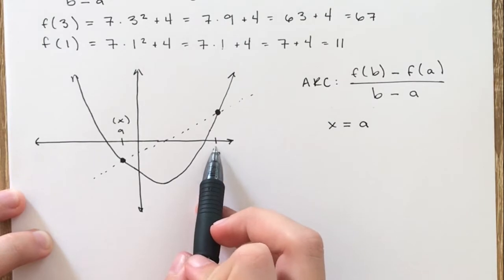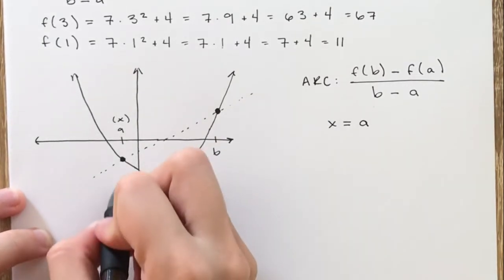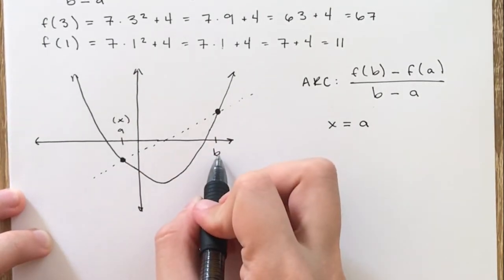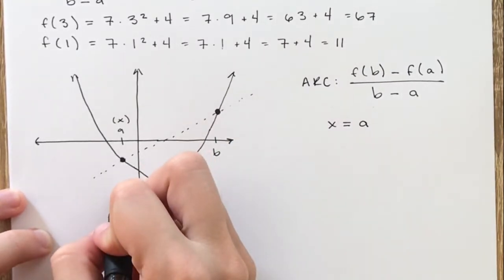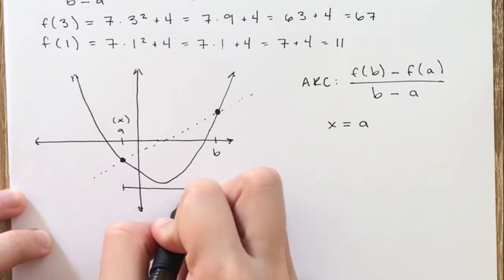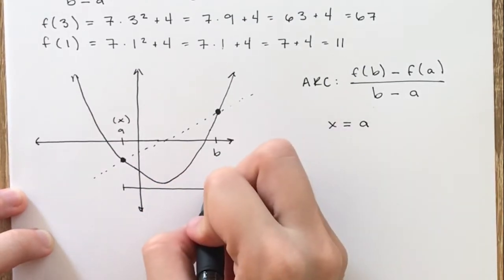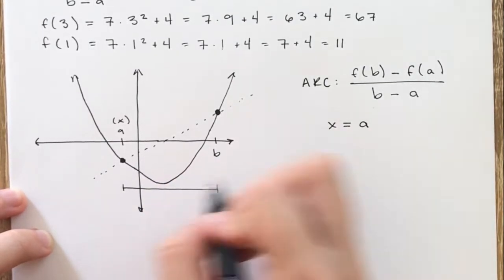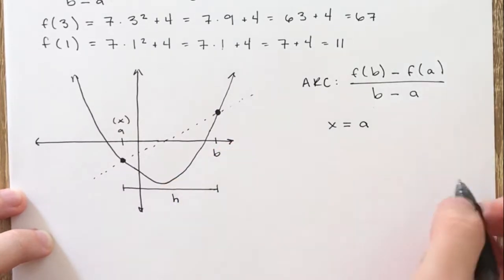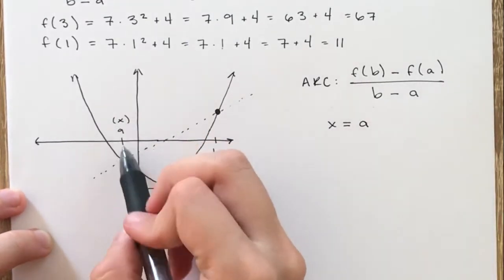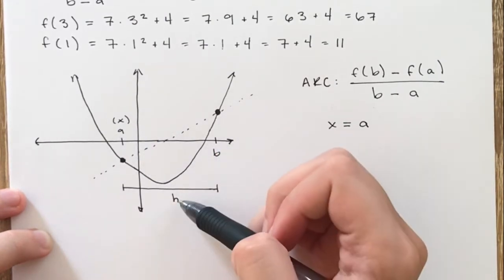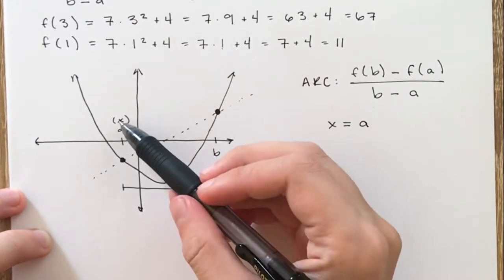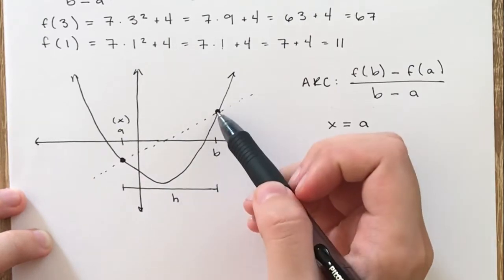Now, b, what we're going to do for difference quotient is instead of calling b b, we're going to say, okay, well, I know that b, or this point, is h away from x. The distance between A and B is h. Between x and this second point is h.